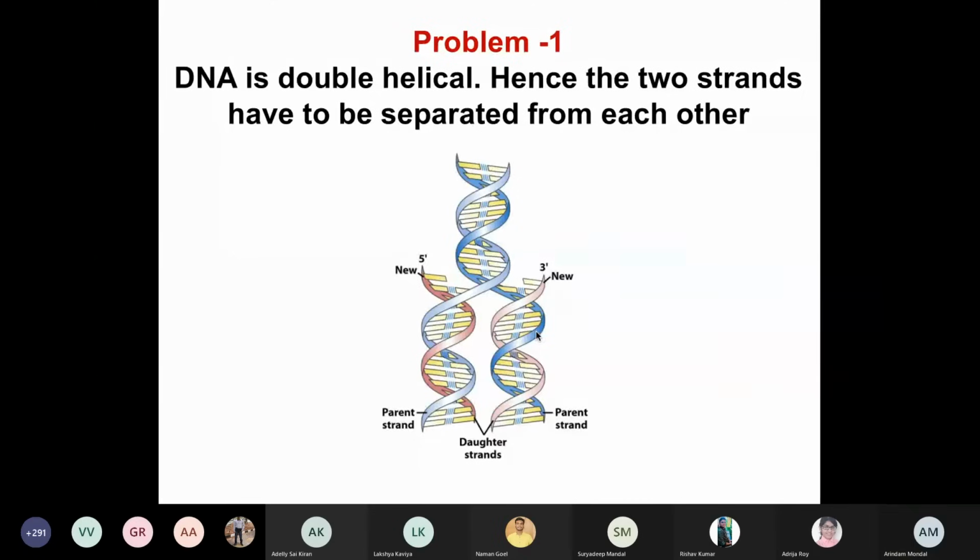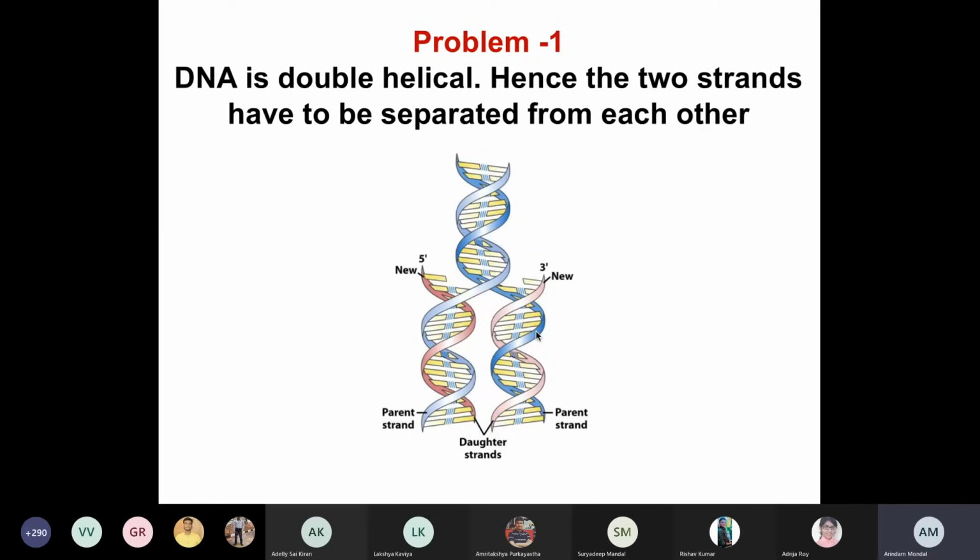So by applying heat? Yes, you just heat it up and it will break. The energy will be provided in the form of heat. It will break apart the hydrogen bonds, which are responsible for the base pairing, and that will separate the two DNA strands from each other.